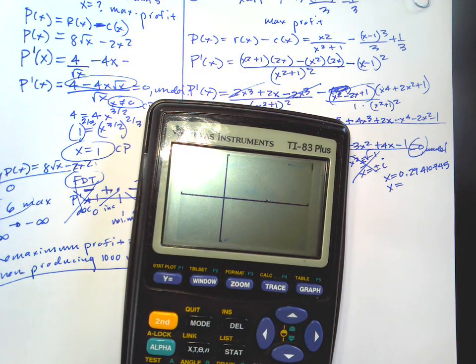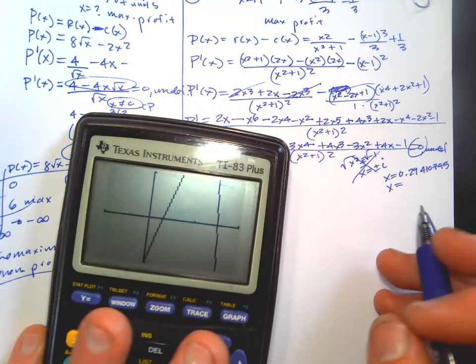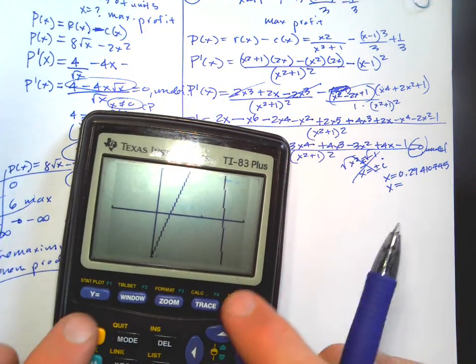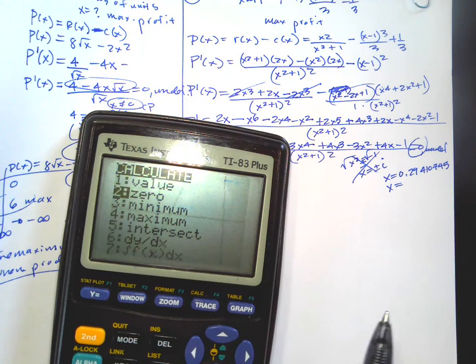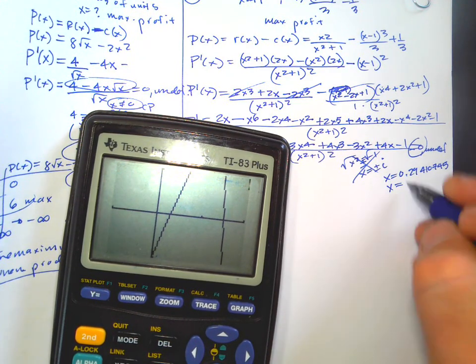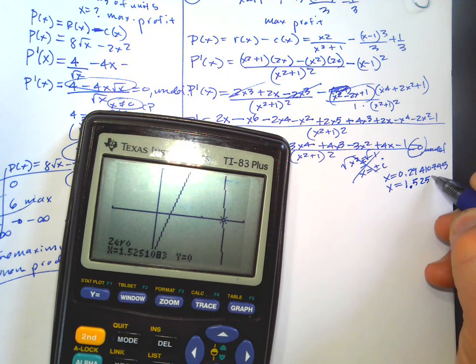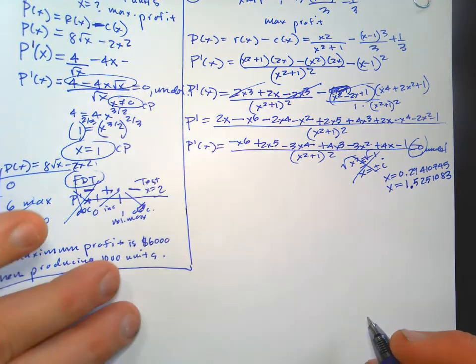Maybe we can see what's going on. Yep, there it is. I was making the graph too big because I was thinking thousands, but these aren't thousands yet. So second calc, zero. There it is, 1 to 2. Guess 1.5. The other one is 1.5251083. Okay, there.